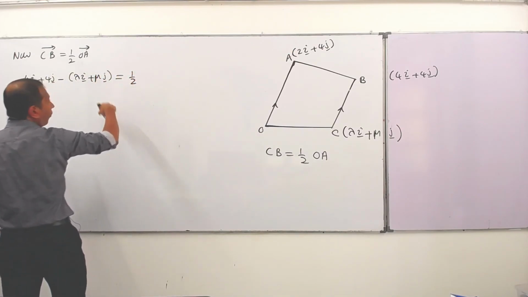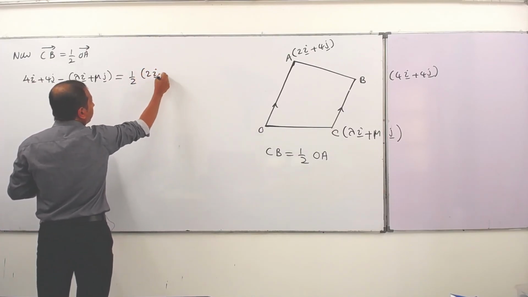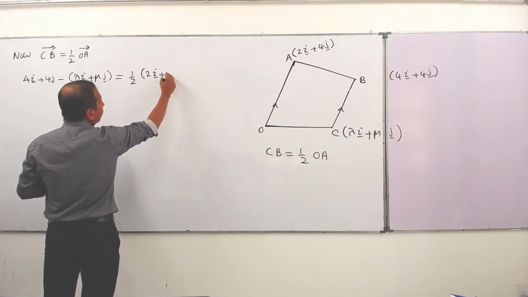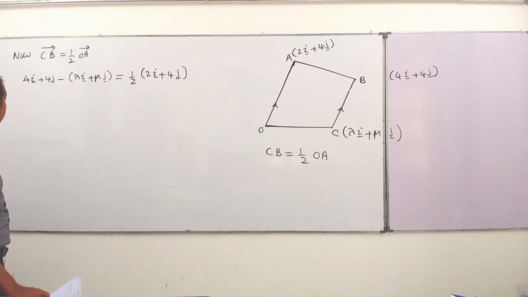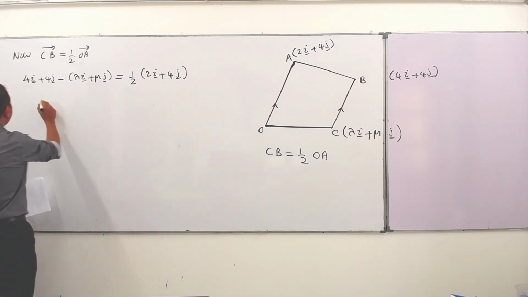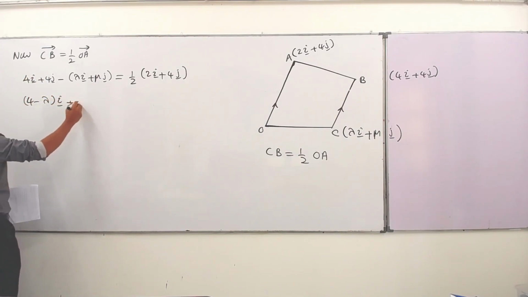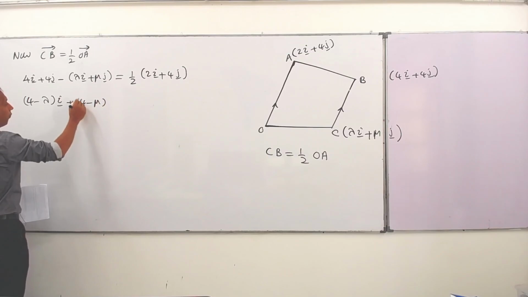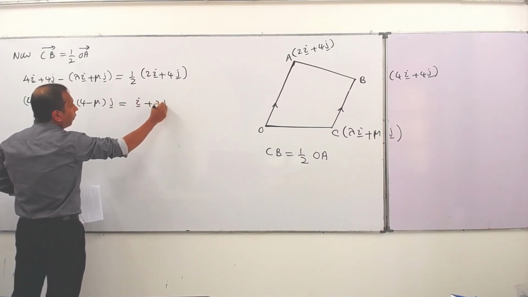Half OA vector is 2i plus 4j, no? Correct, no? Then I can simplify here: 4 minus lambda i plus 4 minus mu j equals 2i plus 4j.